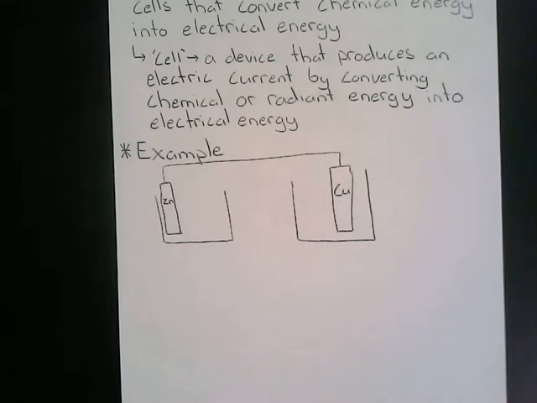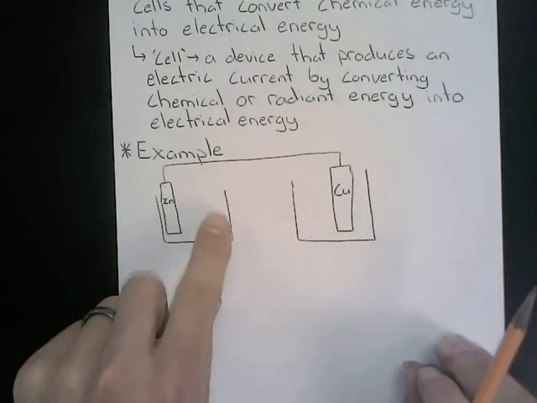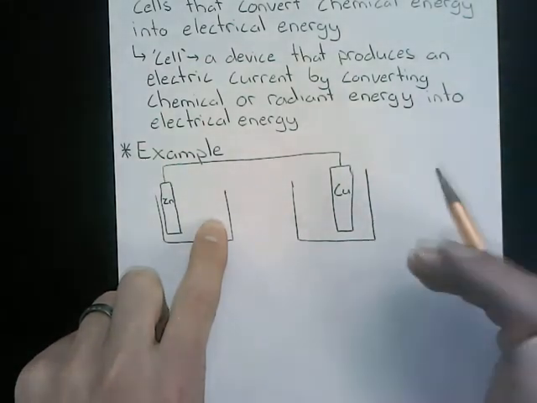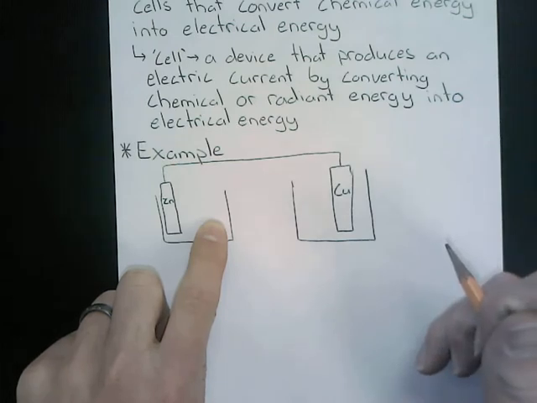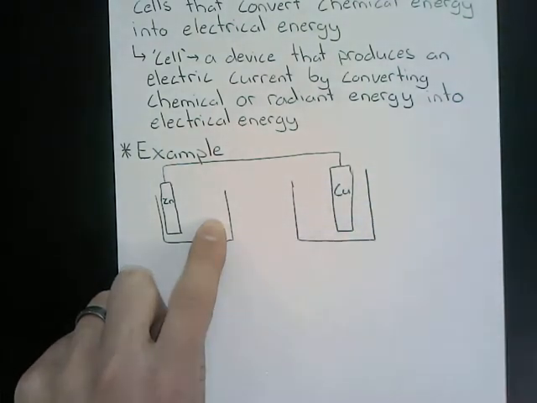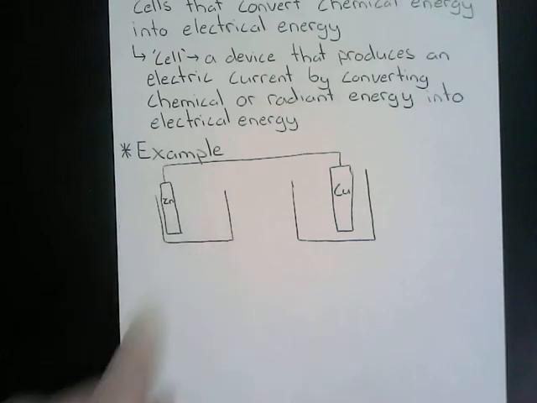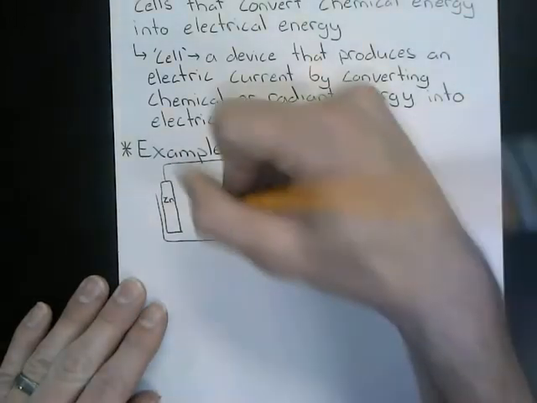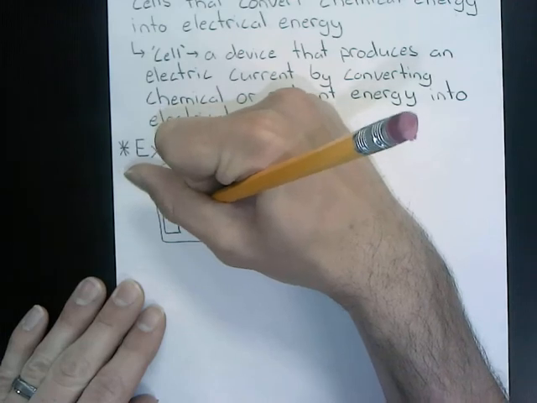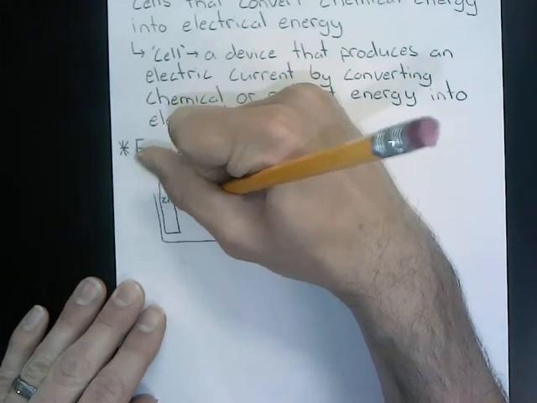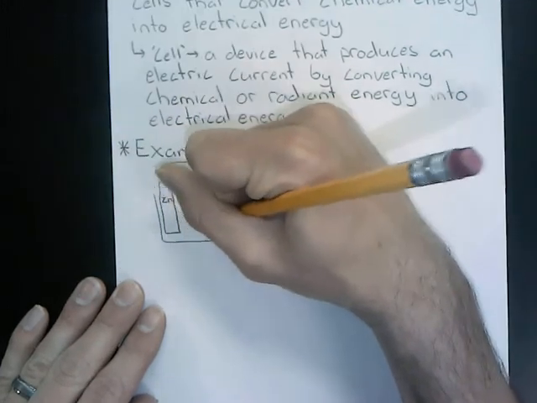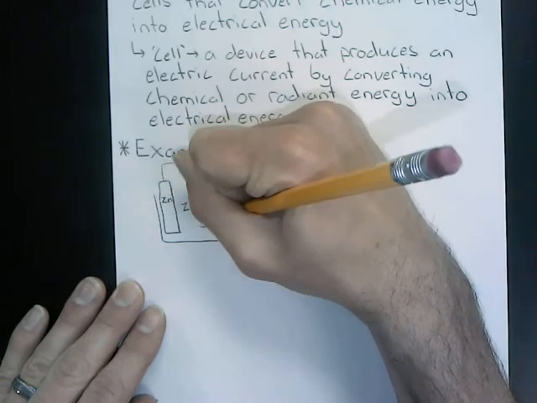Now, within these beakers, if you can imagine here, I poured in a solution of zinc sulfate. So this is a solution of zinc sulfate, and some interesting things happen. When I put zinc sulfate in solution, we get zinc ions, which are Zn2+ ions, and SO4 2- ions.